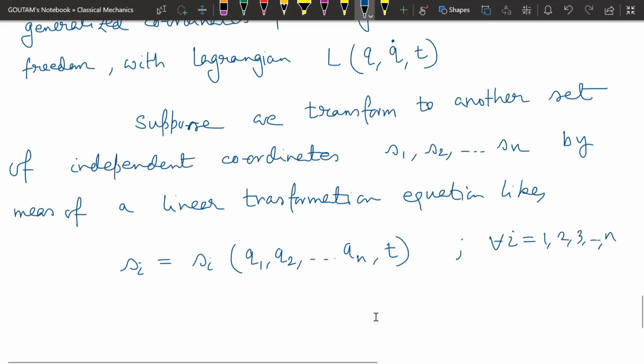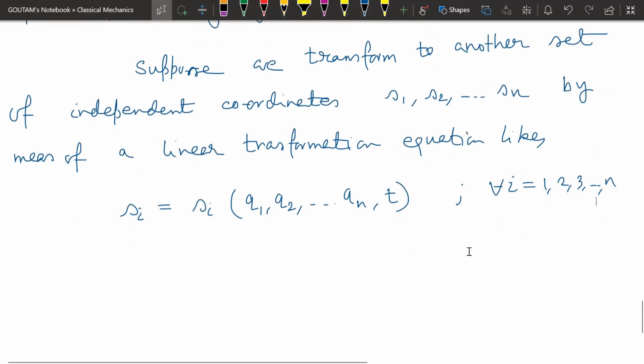These s_i will be functions of q1, q2, dot dot dot qn and time, but it's a linear transformation. That means there will not be terms like q1 q2 multiplied or q1 squared or higher powers of that. Okay, so this is how the transformation is defined.